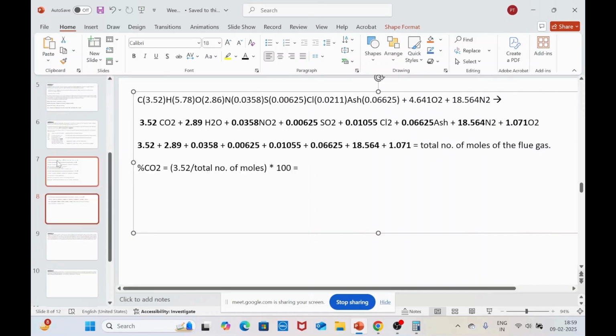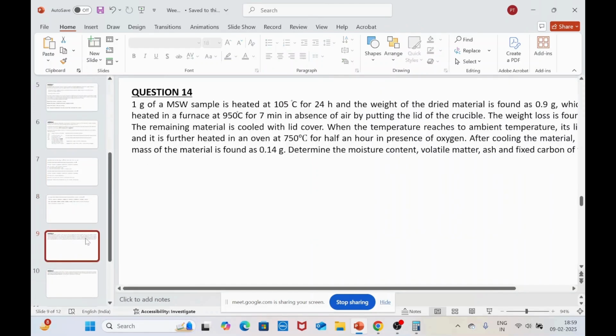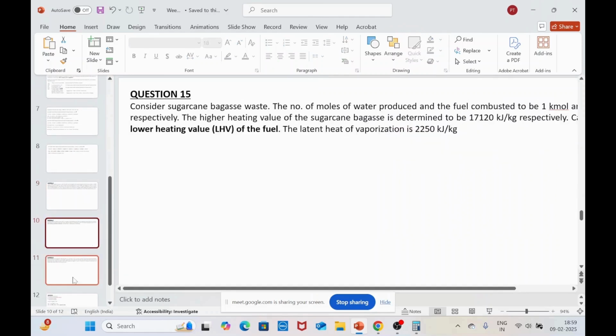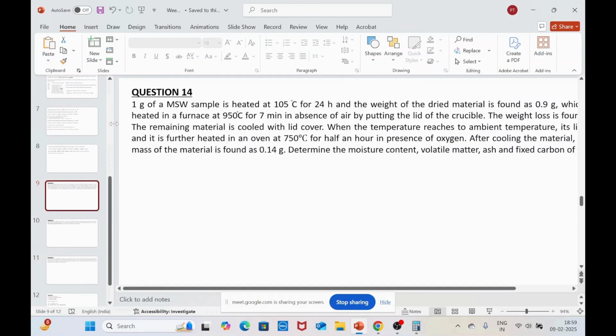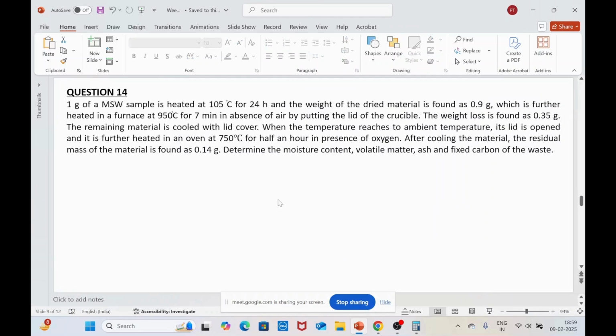So before we conclude, let's just solve one or two questions. Actually, all the three are very simple. Or we can take up the rest in the next class.